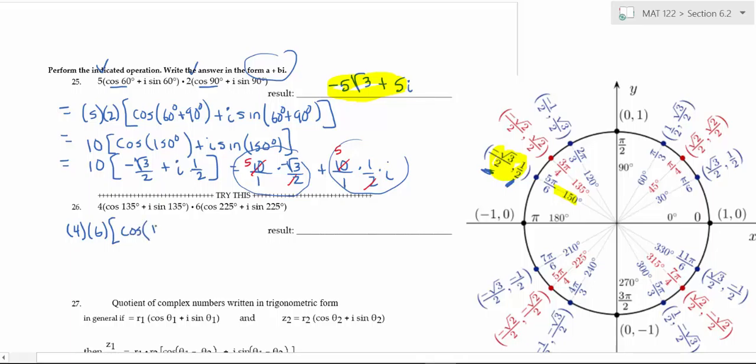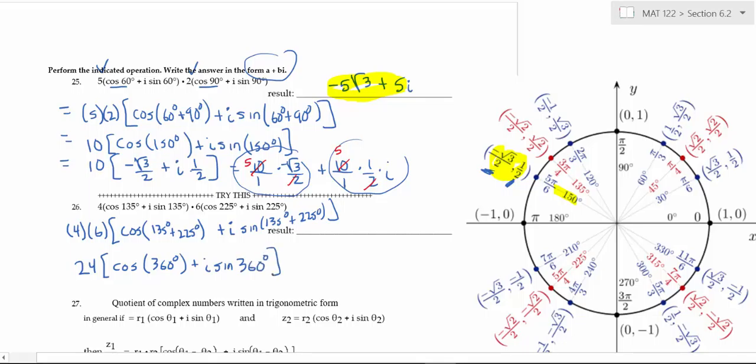So you'll do the cosine of 135 degrees plus 225 degrees, plus i times the sine of 135 degrees plus 225 degrees. So you'll get 24 times the cosine of 360 degrees plus i times the sine of 360 degrees.